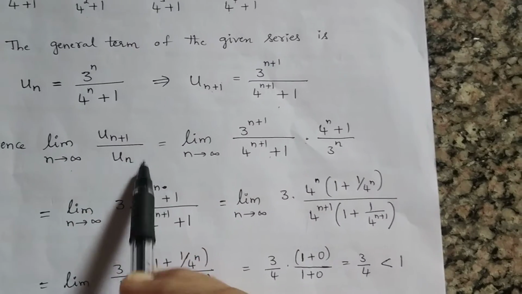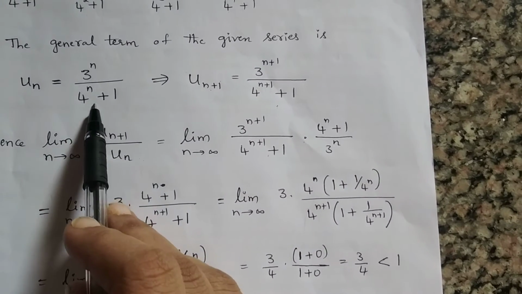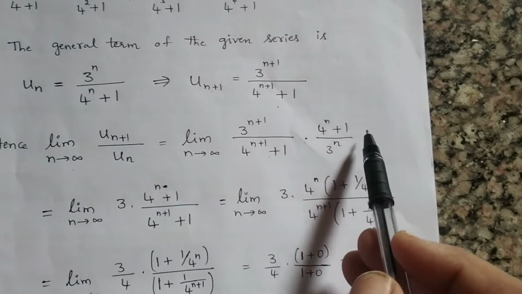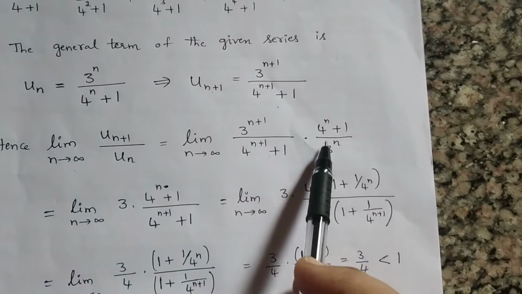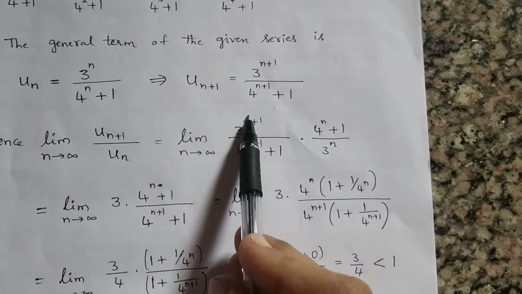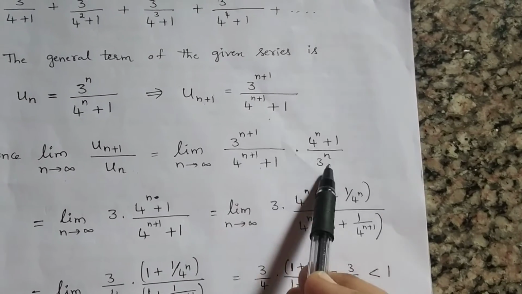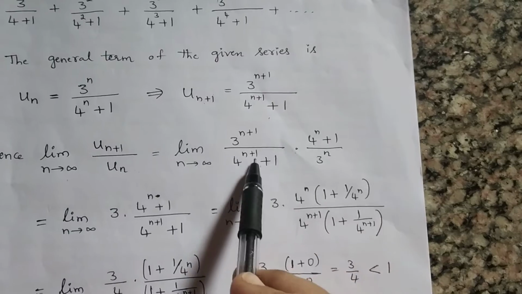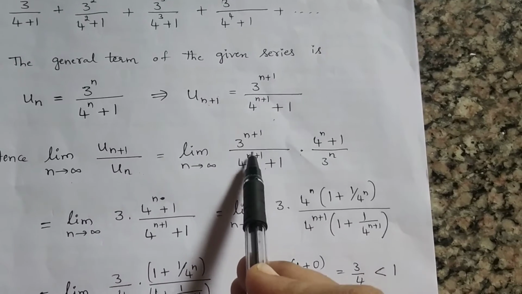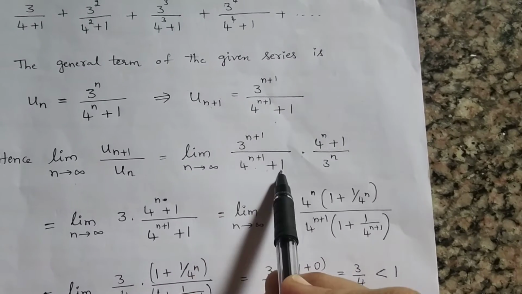Since I have 1 divided by un, I have written 4 to the power n plus 1 in the numerator divided by 3 power n. Yes, here I have 3 power n, and it cancels. Here you cannot cancel, because here I have 4 power n into 4 plus 1.